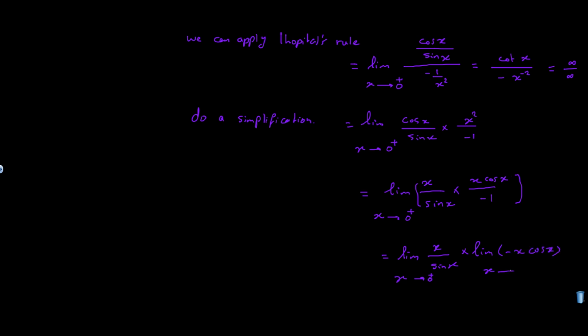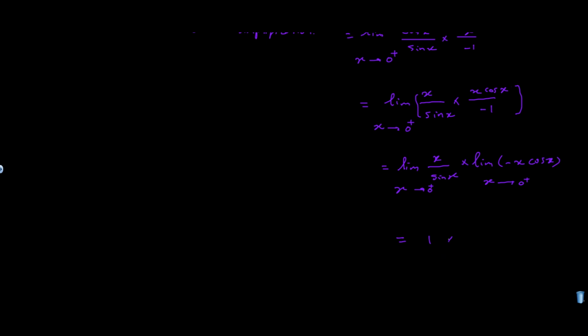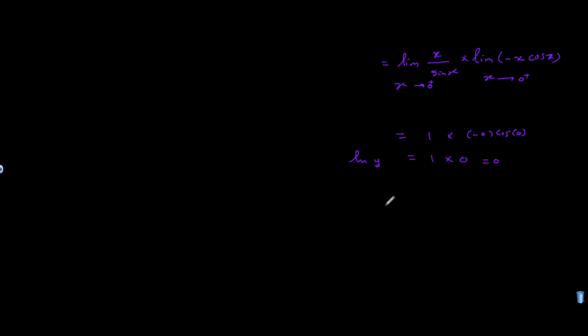This is equal to 1 times negative 0 times cosine 0, which is 1 times 0, equal to 0. So ln y is equal to 0, and y is equal to e to power 0, which is 1.